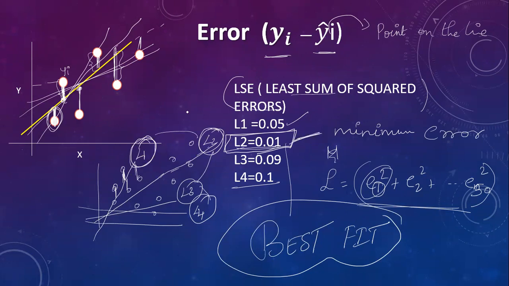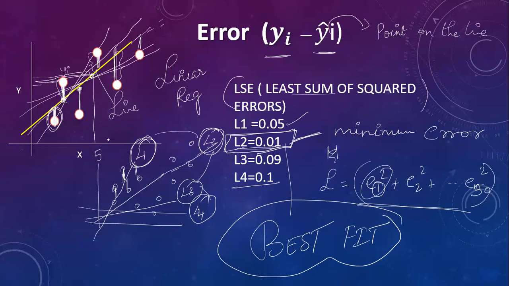So linear regression is all about predicting the future based on a line. How could we predict the future using a line? If I get data here, suppose the x value is 5, I'll predict the value of y here.